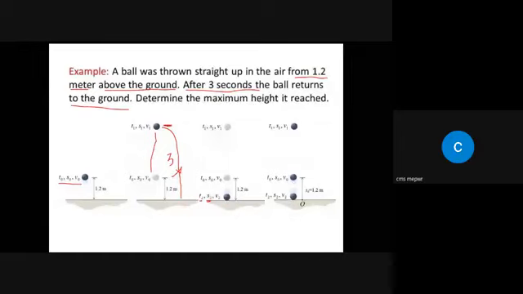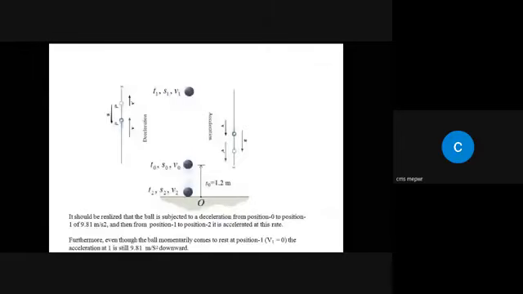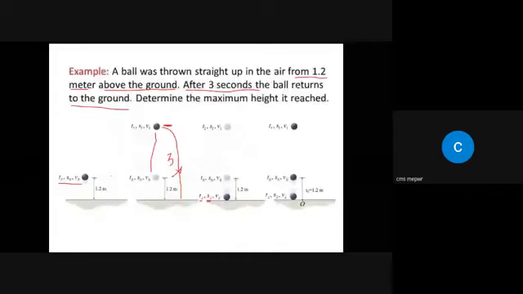Let's see. When the person threw the ball upward, it had some velocity, and definitely initially the velocity was more. As it moves upward, after some time the velocity decreases.